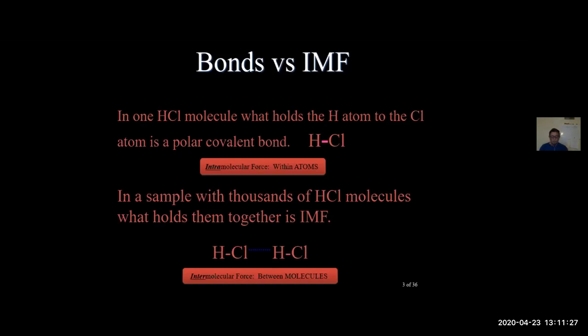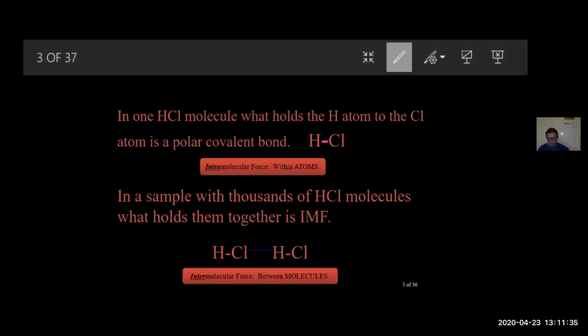So if we look at thousands of these molecules interacting with each other, then we are looking at the intermolecular forces denoted by that blue dotted line and how they react with each other. You're familiar with a lot of things right now. There's certain things like heavy lard butter that's solid compared to liquid butter.